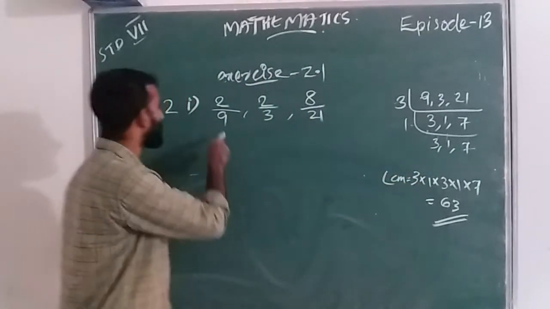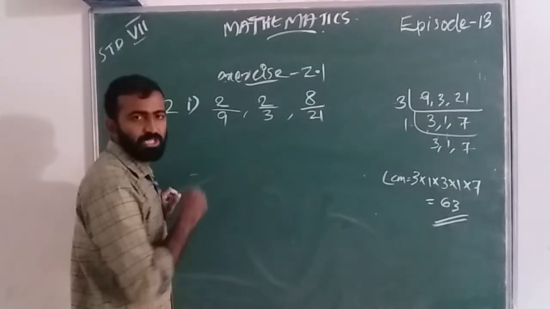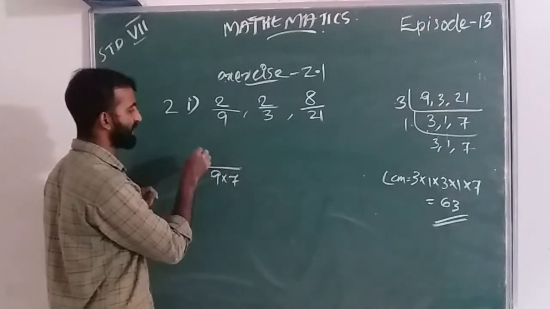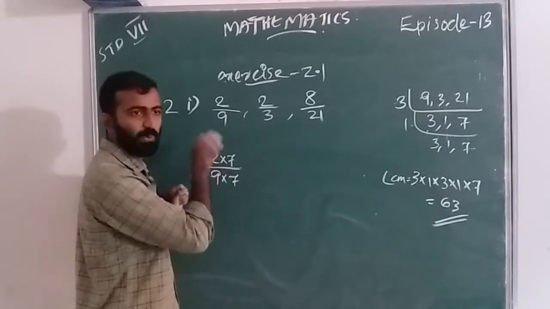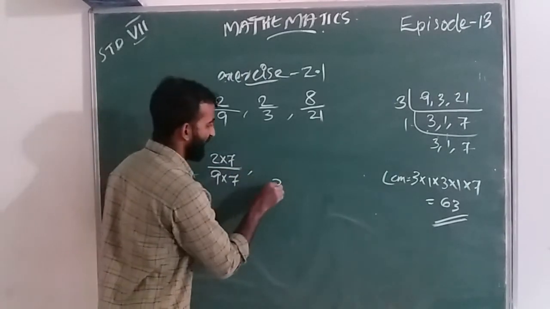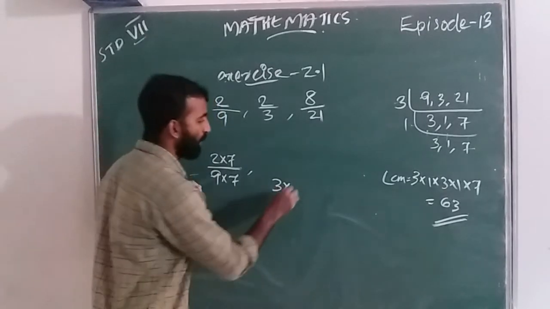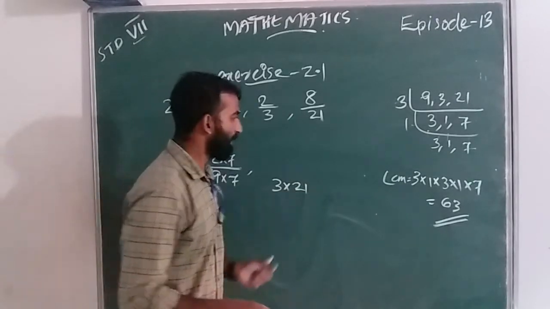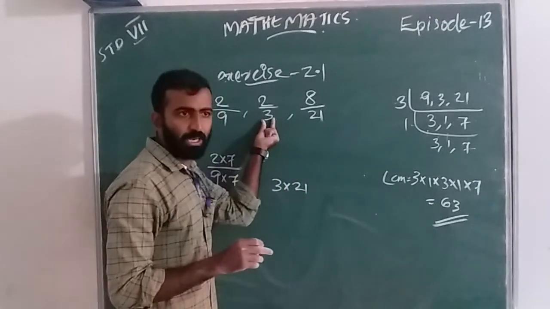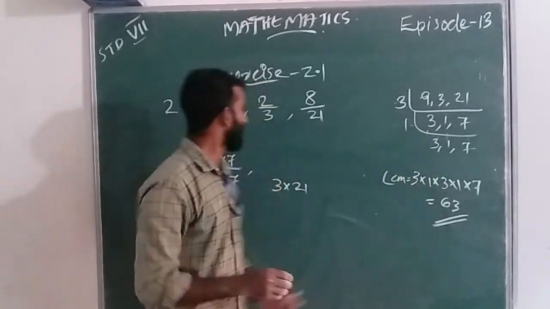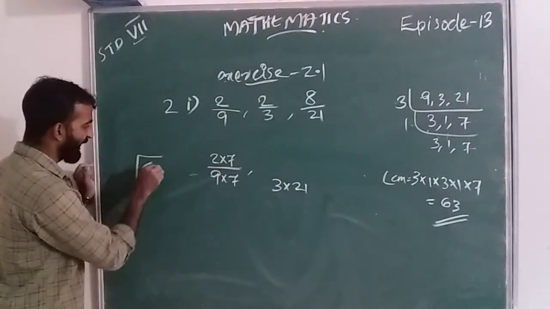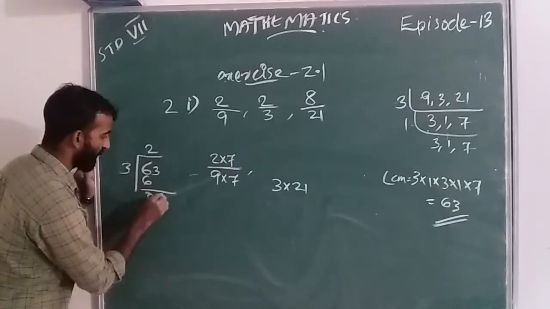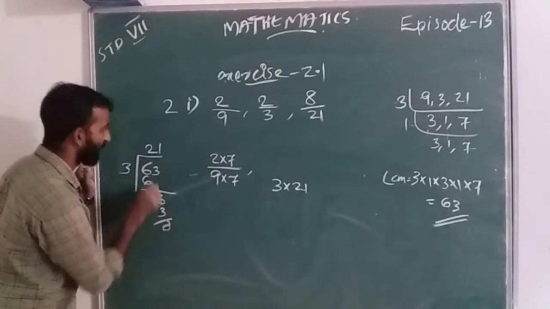So the LCM is 63. We want to convert each fraction into 63. That is 9 into 7, what we get 63. So 2 into 7. The same process applies to the others. For 3 into 21: which number do we want? The denominator is 3 and the LCM is 63, so 63 divided by 3 is 21.